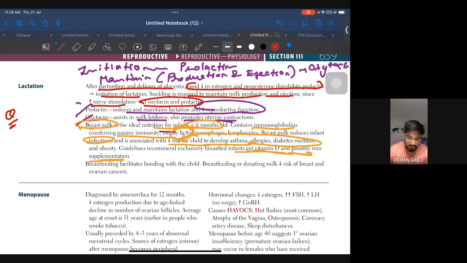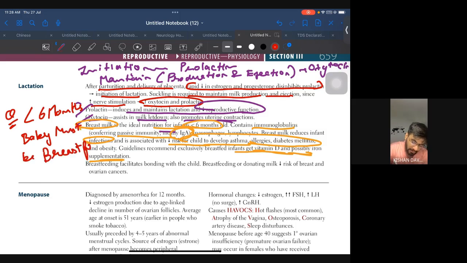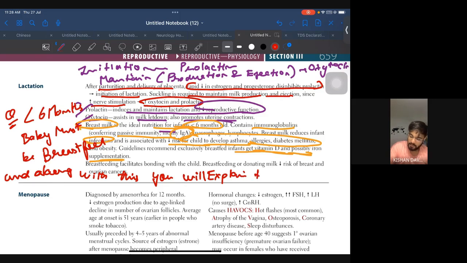The suggestion will always be that a baby less than 6 months must be breastfed, and along with this you will explain to her the benefits. This is the question asked in ethics.